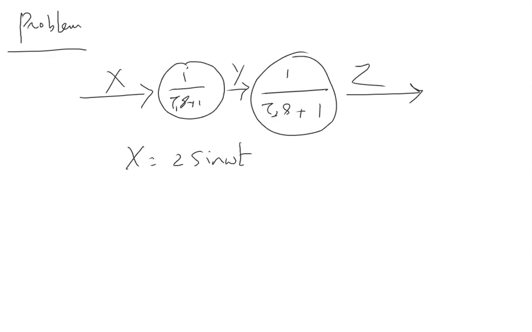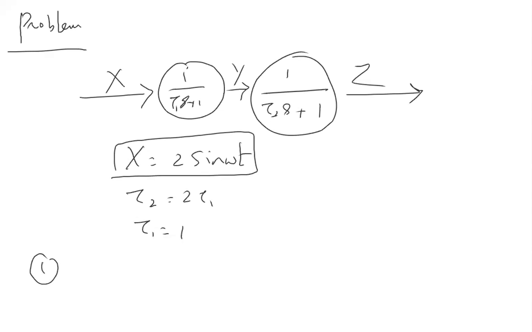The gain is equal to 2, that means tau 1 is equal to 1. So the system is forced by a sine input, x equal to 2 sin omega t.